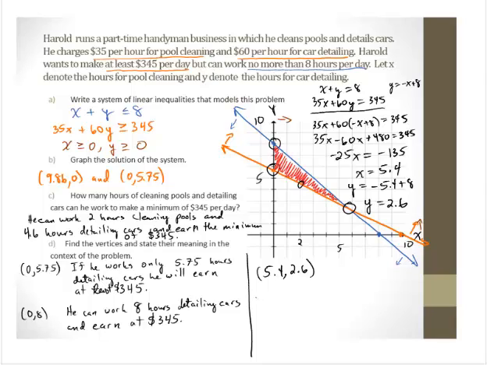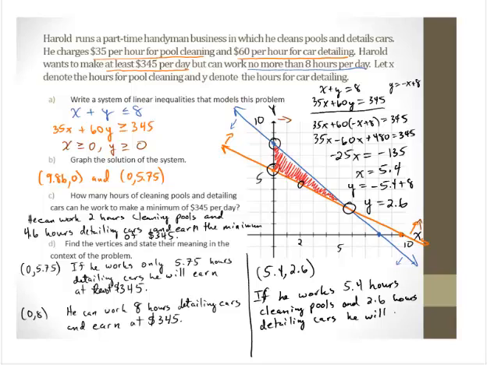So, if he works 5.4 hours cleaning pools and 2.6 hours detailing cars, he will work exactly 8 hours and earn exactly $345.